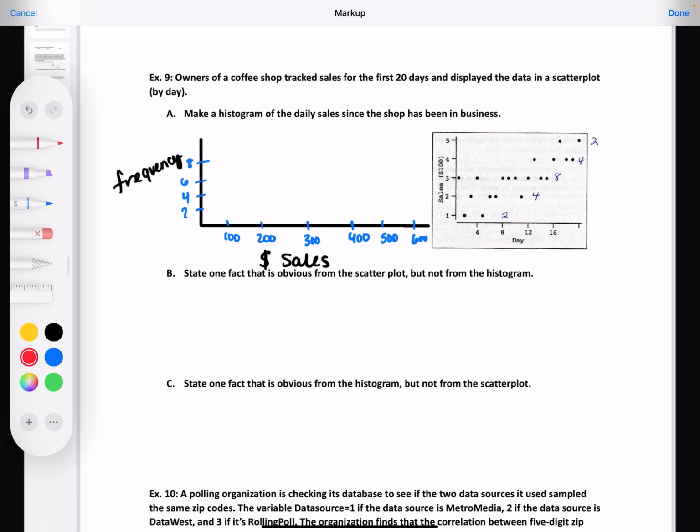So $100 days, we had 2 of them. $200 days, we had 4 of them. $300 days, we had 8 of them. $400 days, we had 4 of them.